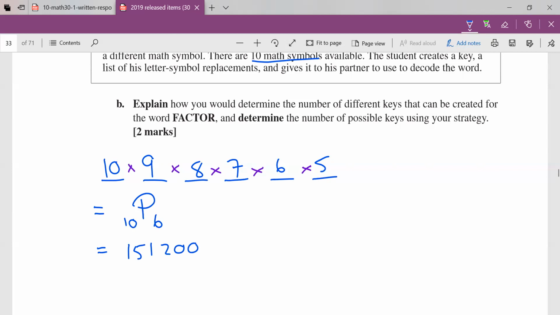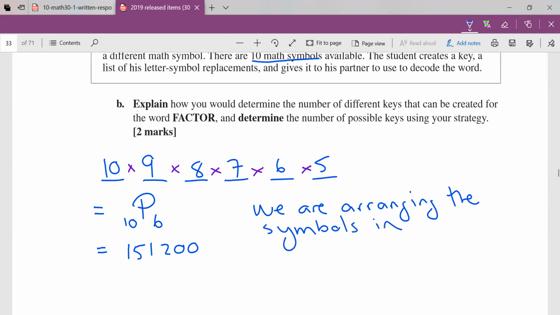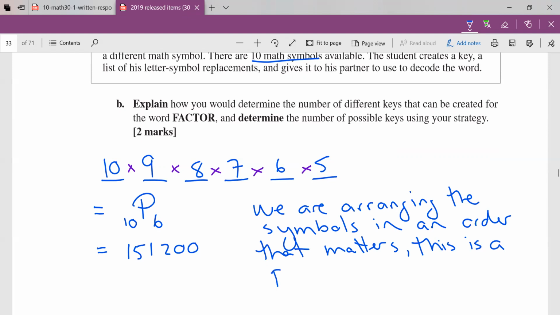Okay, but now I probably want to explain a little bit further using some words. So I'm going to write something, and again, I would have perfected this on my scrap piece of paper. I would say something like, since we are arranging the symbols in an order that matters, this is a permutation.